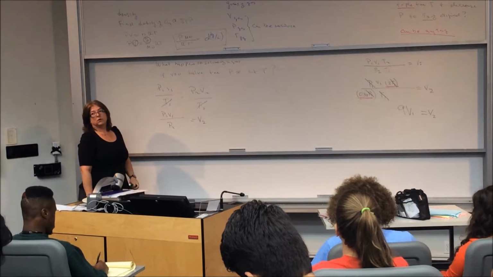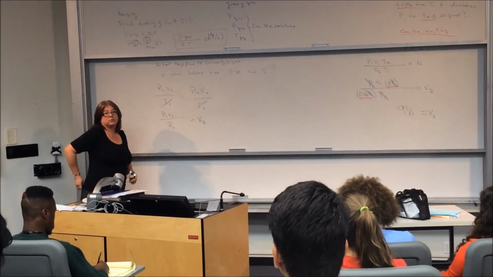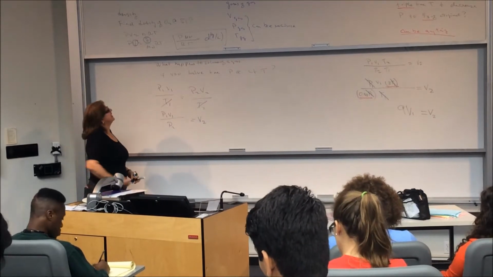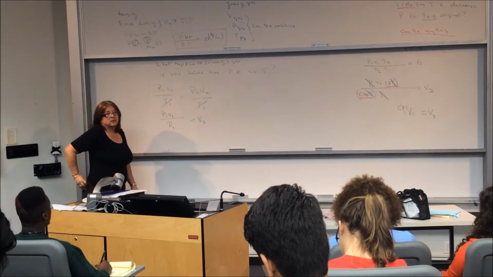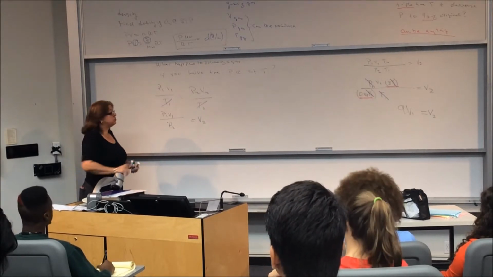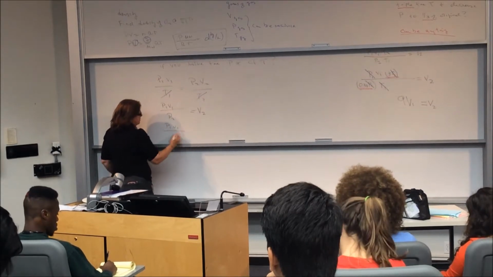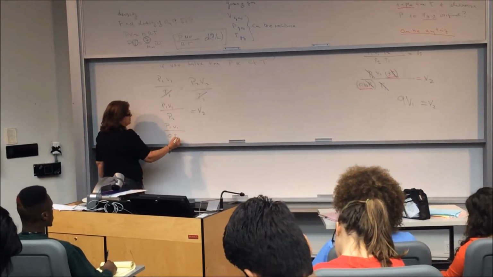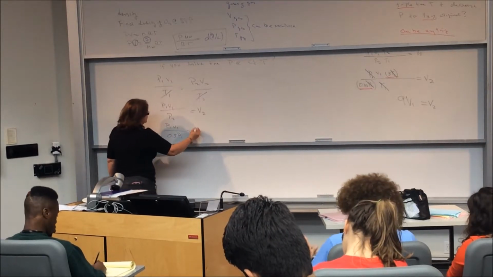P1 over 2, 1/2 of P1, isn't that right? Because that's what they said they were going to do: cut the pressure in half. So P2 is going to be 0.5 of P1, equals V2.